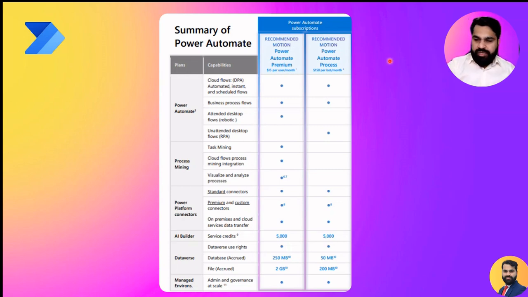I have a flow which is a premium flow. A premium flow is a flow where we have any premium connector added, which automatically makes it a premium Power Automate. For example, a flow is created in a way that whenever a record is created in Dataverse, a mail should be triggered. So this particular Power Automate is my premium Power Automate.